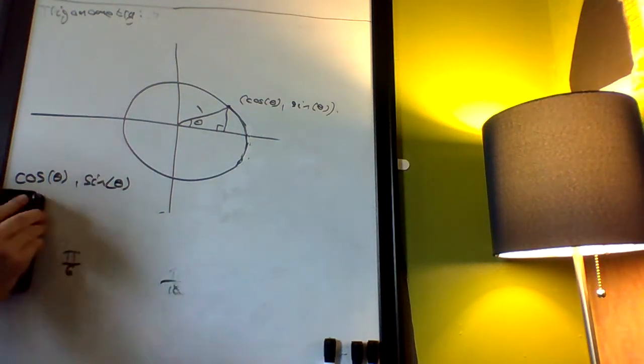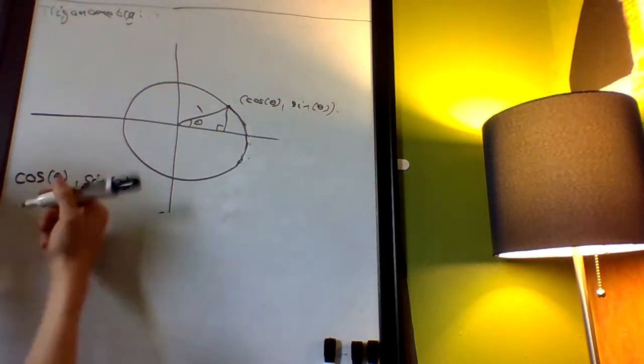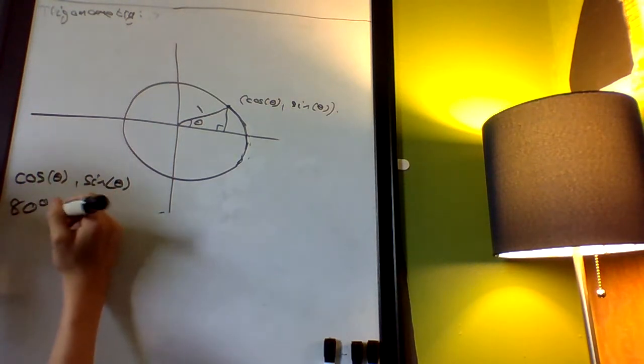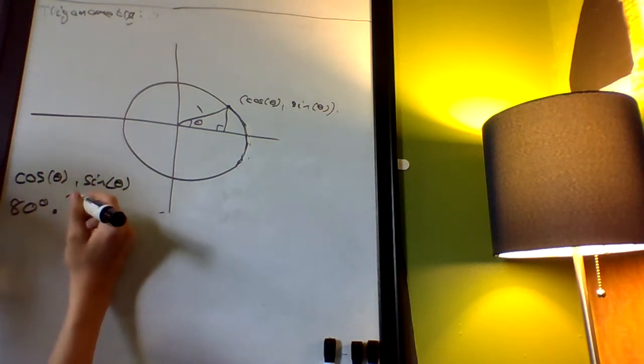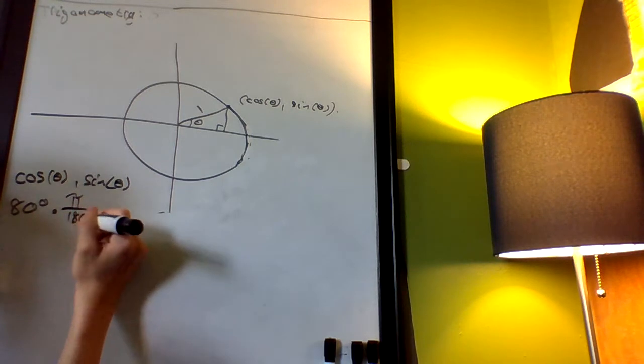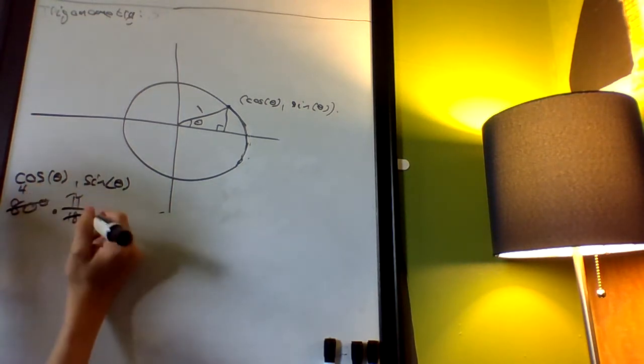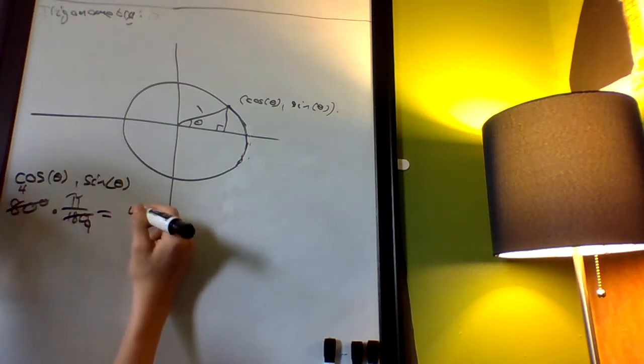Okay? Meaning that 80 degrees in radians is like multiplying by pi on 180. You can reduce this to 4, that to a 9. This is going to be 4 pi on 9, right?